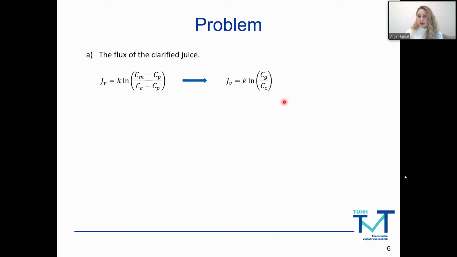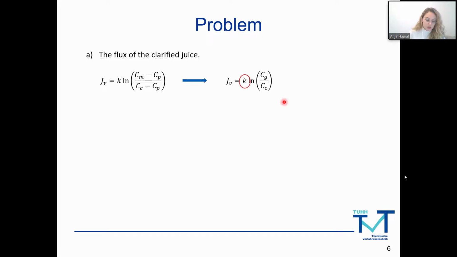So we have these two concentrations given in our task, and what is unknown is the mass transfer coefficient. Now, if you look further on your sheets, you have different dimensionless numbers that we normally use to solve the mass transfer issue. And what is important here is the Sherwood number, the Reynolds number, and the Schmidt number.